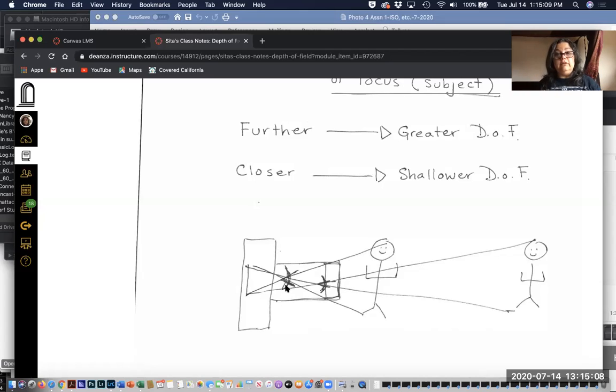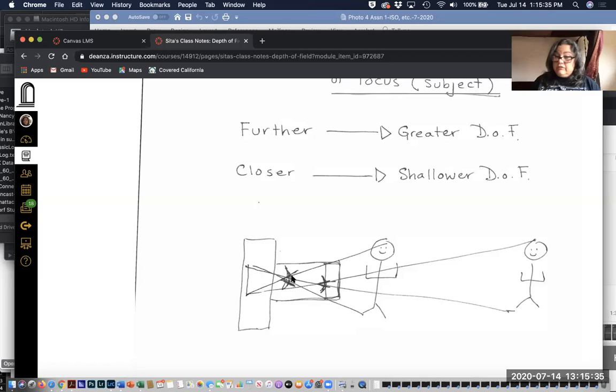And the longer the lens, the more telephoto the lens you have, the further back you have to be. So with lenses, you might say it's all the lens can do to focus on the thing that you're focusing on, and it can't really handle the things at other distances as well to make the depth of field greater.